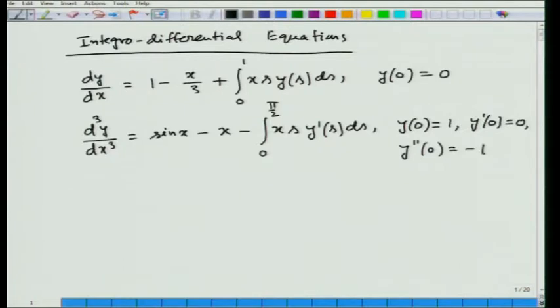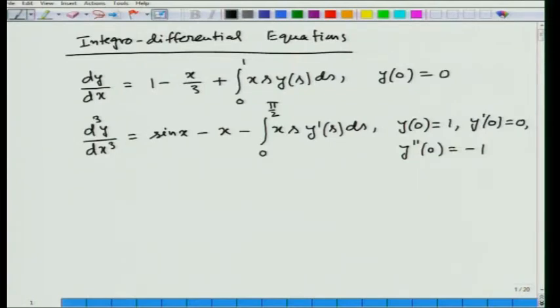So, these are examples of Fredholm integro differential equations. In the second example, you can see that apart from the kernel, this integral also involves the first derivative of y, that is the unknown function.